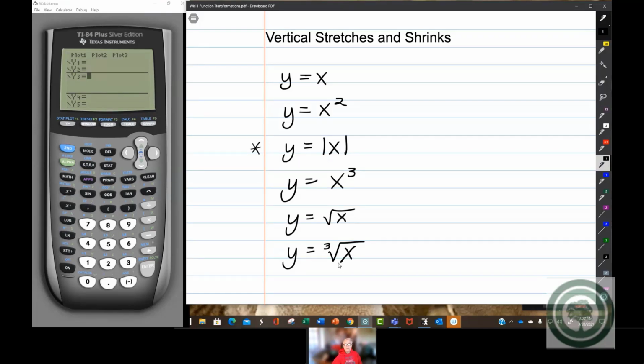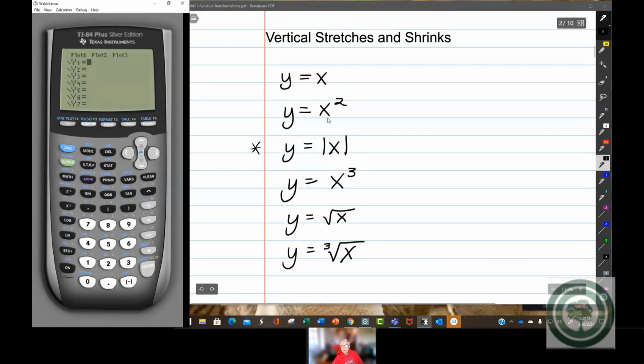My goal is to stretch these. Stretch them up. Now let's see what I mean by that. So really the easiest one to do, I'm going to do X squared first because you'll see. So cool, there's our basic graph.